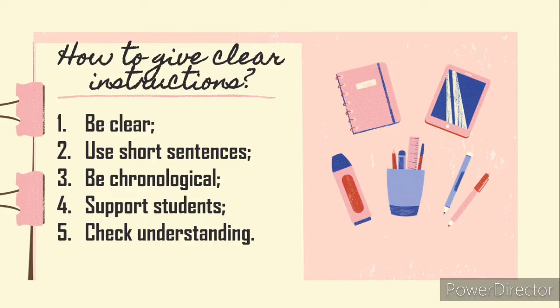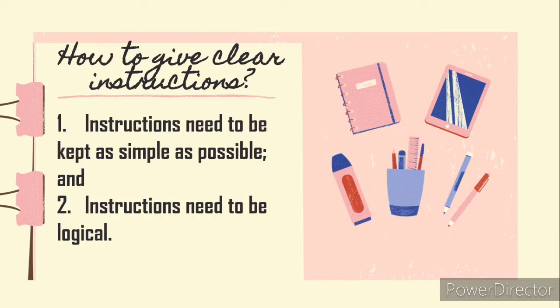First, be clear. Use short sentences. Be chronological. Support students. And check understanding. And based on author's work, instructions need to be kept as simple as possible, and instructions need to be logical.